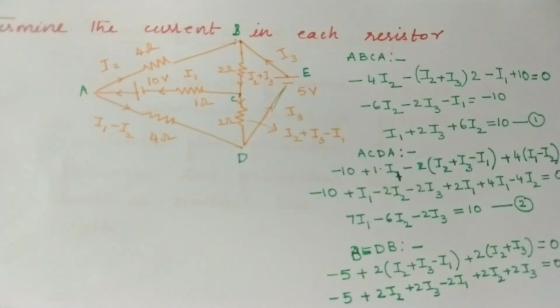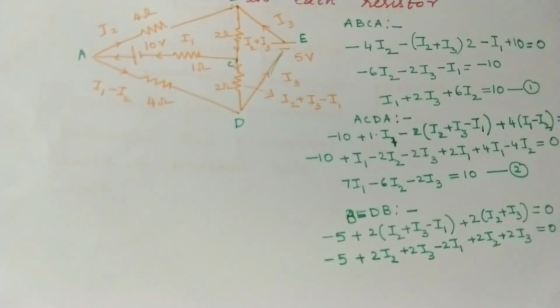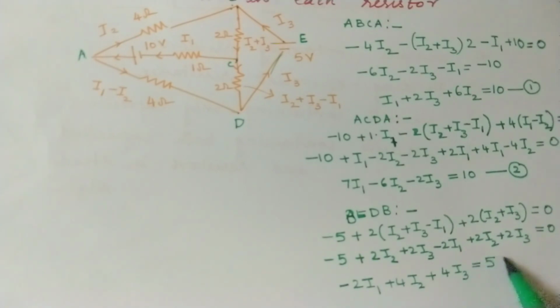When you simplify these relations and write in terms of I1, I2 and I3, first write all the I1 terms. Only one term has I1, minus 2I1. 2I2 plus 2I2 will be 4I2, plus 2I3 plus 2I3, 4I3 should be equal to 5.